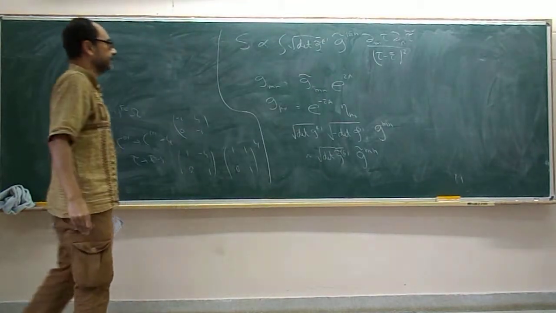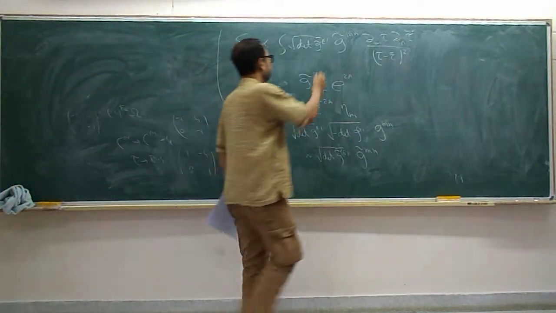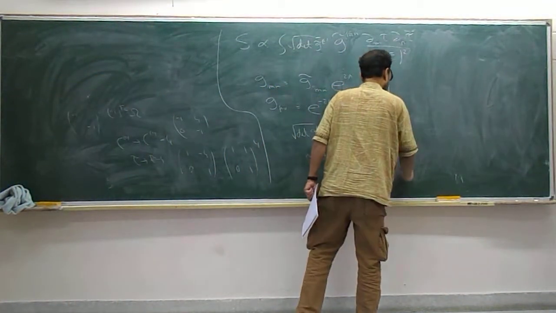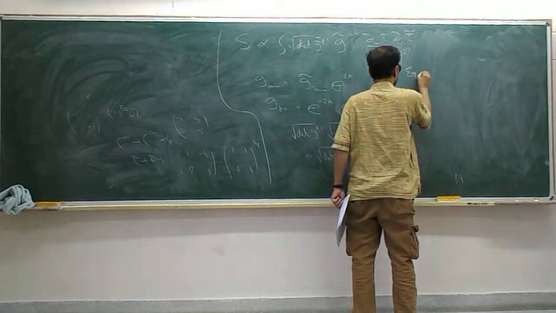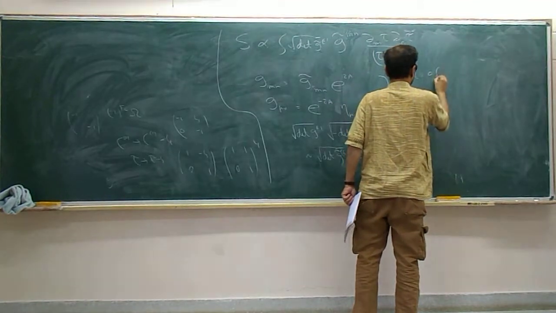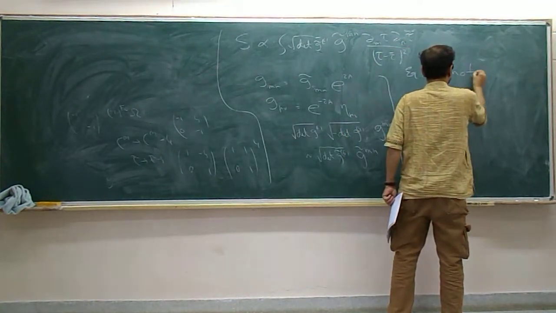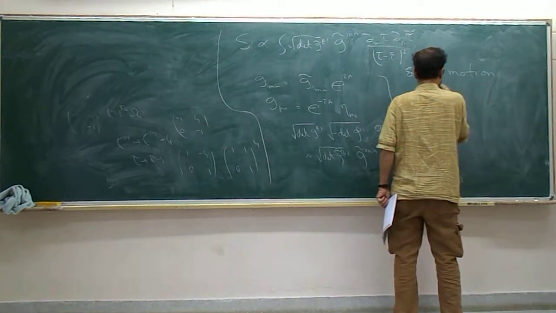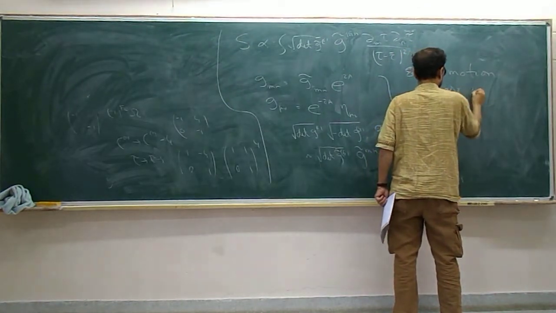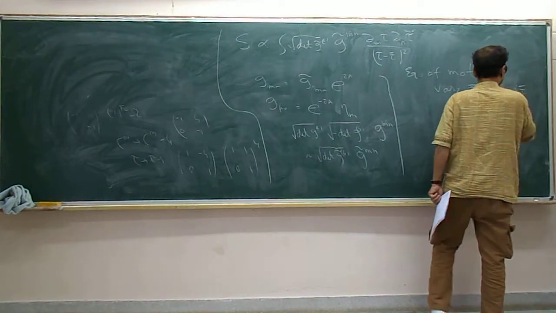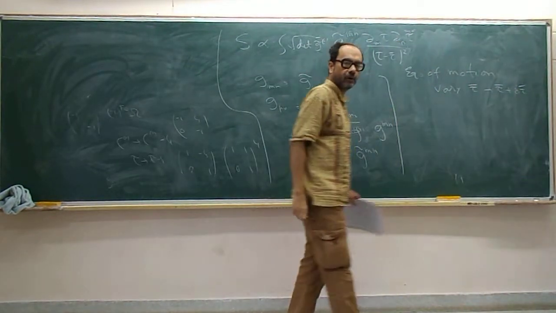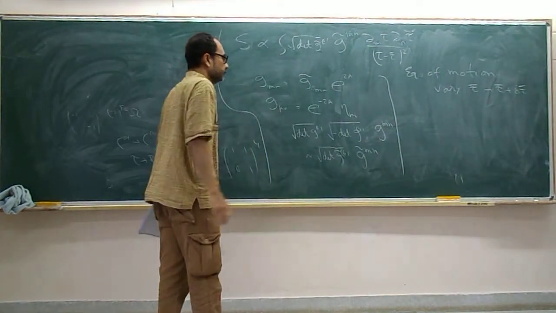Okay, so then let's start with this action and try to derive the equations of motion. So the equation of motion we can derive by varying tau bar. Okay, I could have also done it for delta tau, it will just give the complex conjugate of the equation of motion.